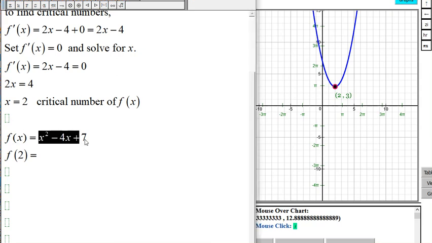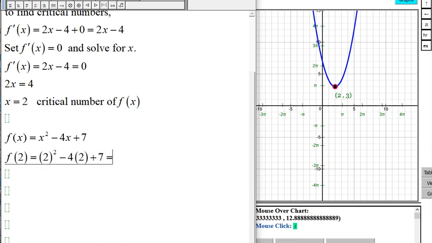And so here we replace x with 2. And so we get 4 minus 8, which is negative 4, plus 7, which is 3. And then we look at the graph. We can see that the graph has a minimum at the point (2, 3).